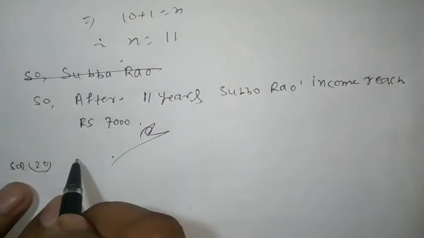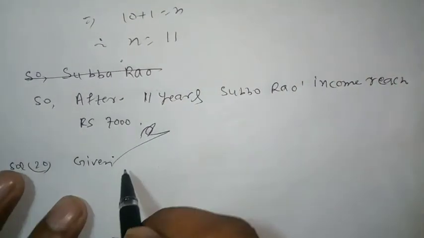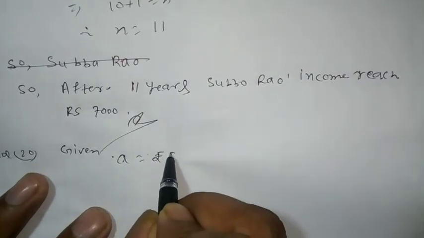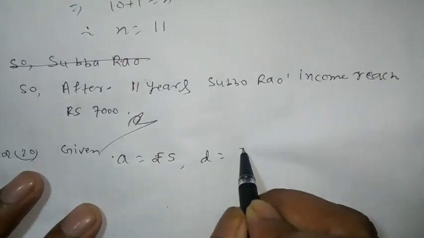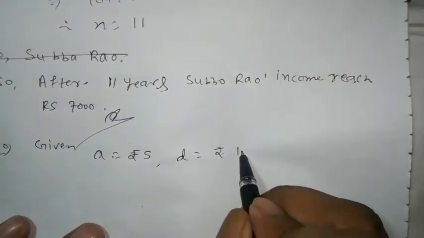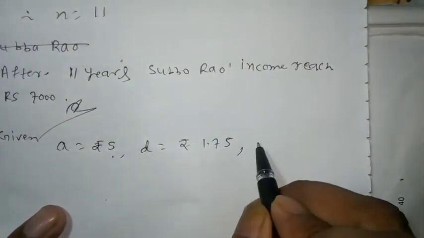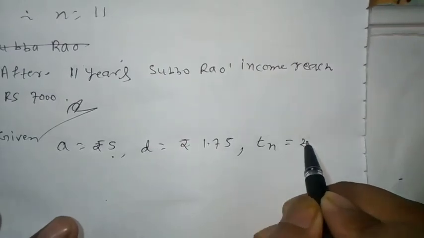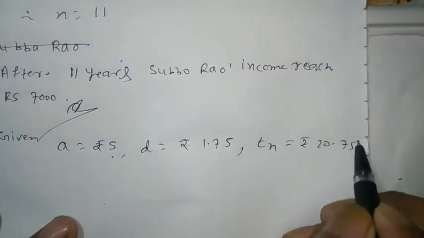Now given A is equal to rupees 5, D is equal to rupees 1.75 and Tn is equal to rupees 20.75.